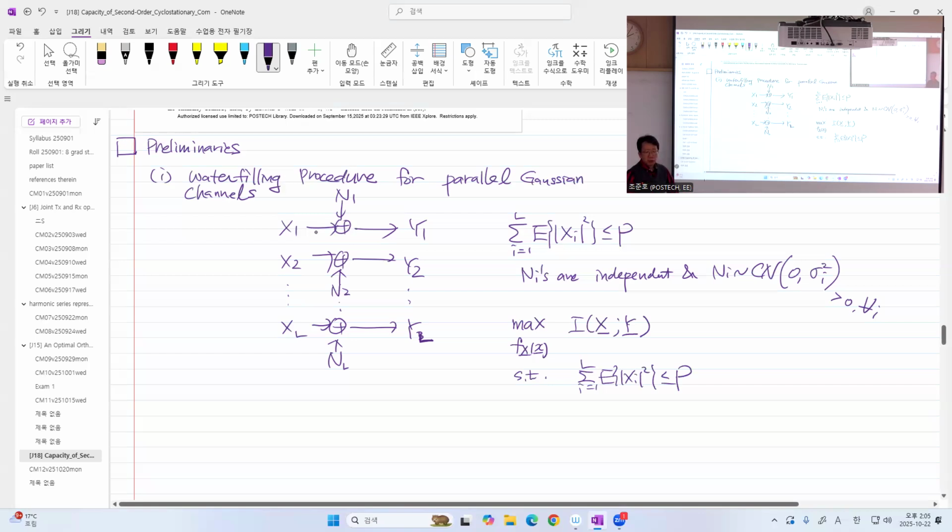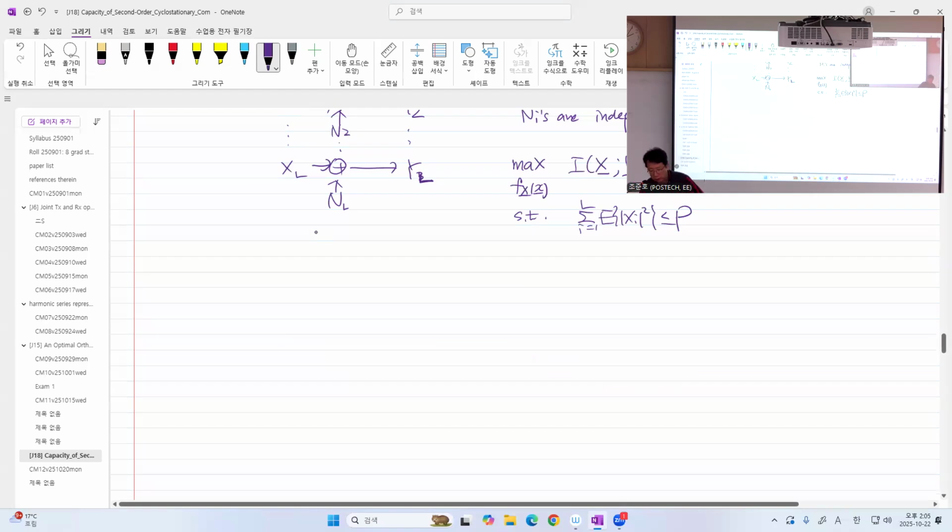And the reason why the optimal solution is called the water filling procedure is this. Suppose this is the discrete L-axis. So you have the first, second, and up to capital L channels.